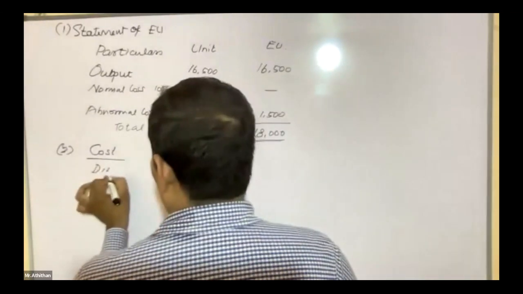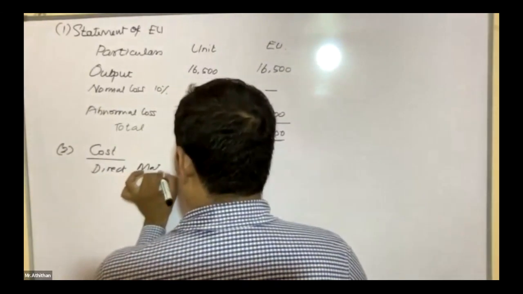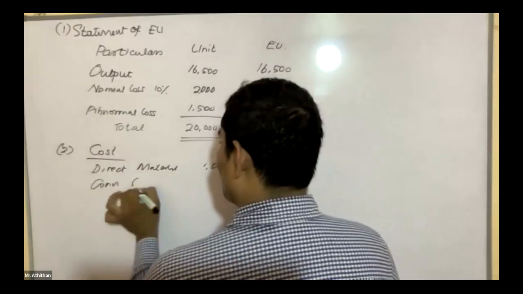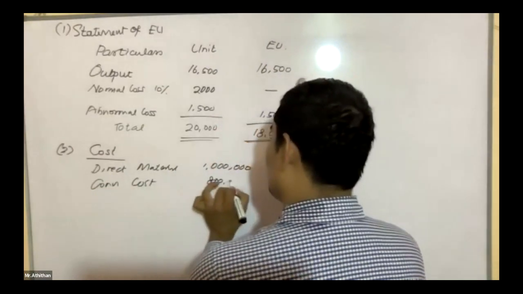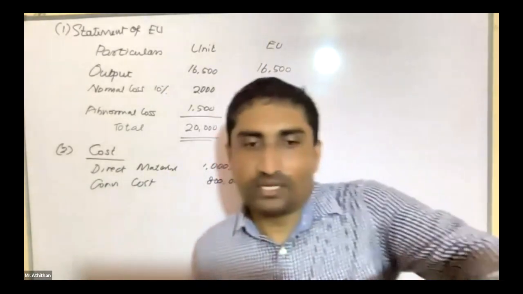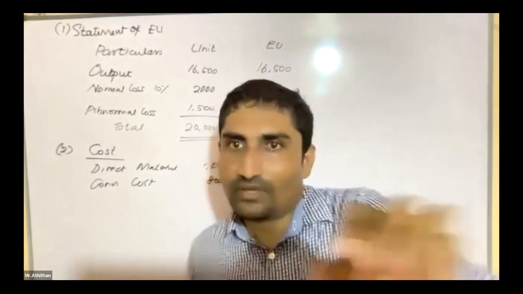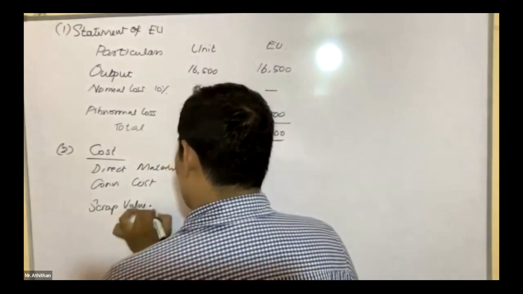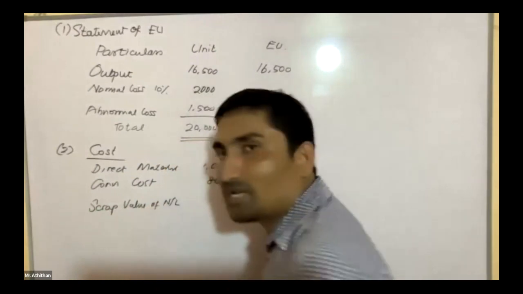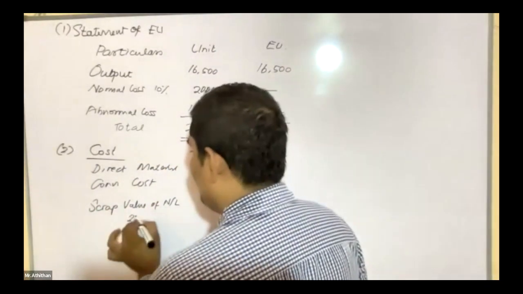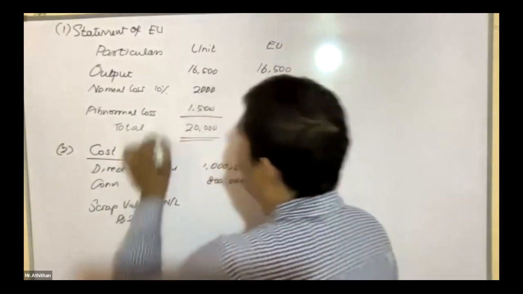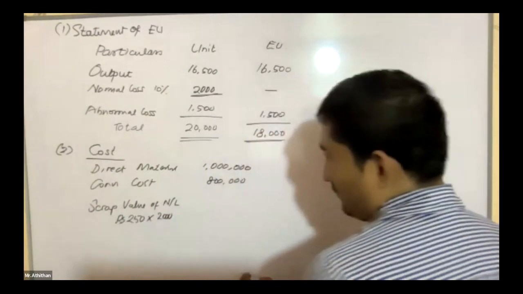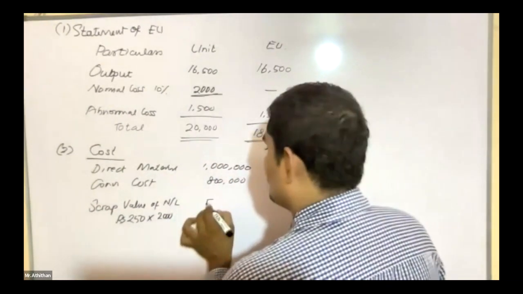Cost: direct material 1 million, conversion cost 800,000. Then scrap value of normal loss: 250 rupees into 2,000, so that is 500,000.